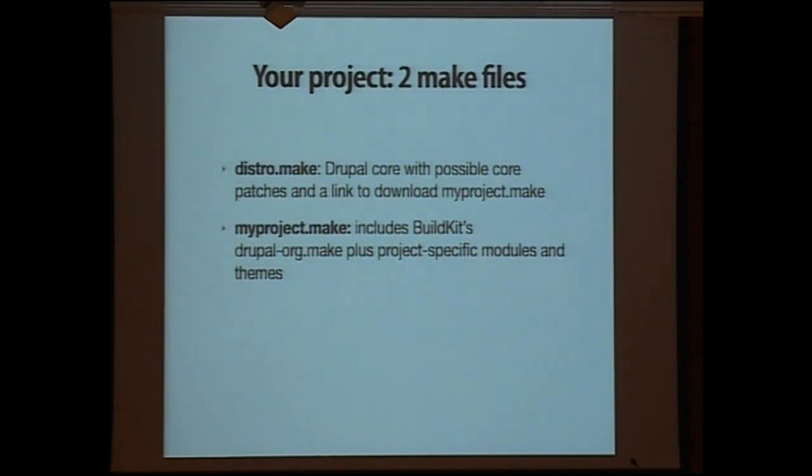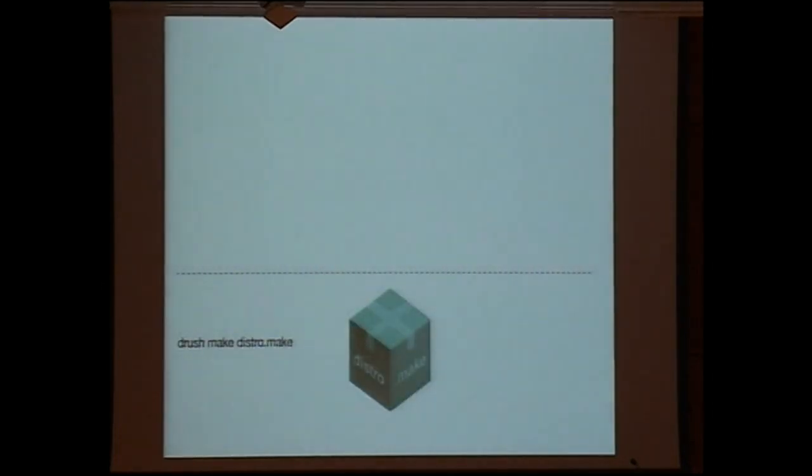So you will have a distro.make that will take care of downloading Drupal core, possible patches, exactly like the Buildkit one does, and a link to download another Makefile, your myproject.make. This myproject.make would include Buildkit Drupal.org.make, that is the common modules, and everything else you need for your website. So in detail, this is what happens. This is your distro.make. You run Drush Make on it.